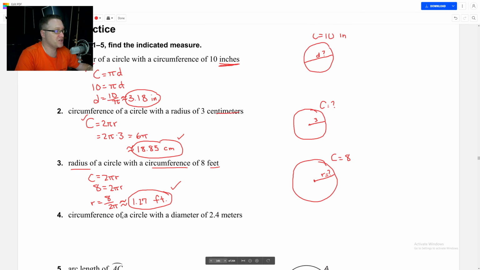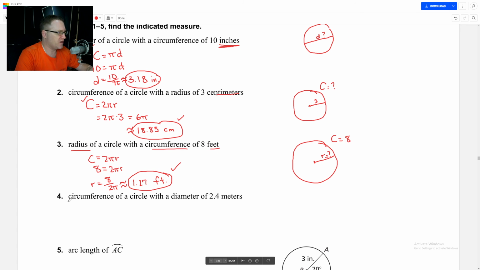We're just going to do one more today. The circumference of a circle with a diameter of 2.4 meters. So here we have a circle. The diameter from one side to the other is 2.4, so D equals 2.4. And we want to know what is the circumference.